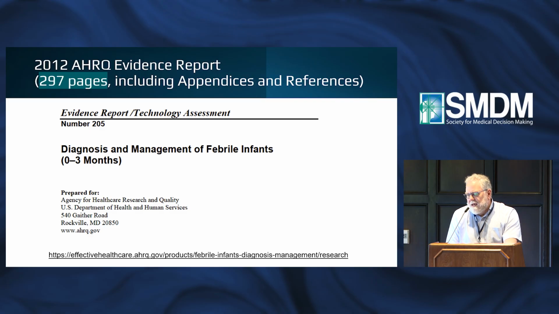And in this case, this was an evidence report, so shorter than some systematic reviews, 297 pages, including appendices and references, on the topic that I want to talk about, which is the diagnosis, mostly diagnosis and management of febrile infants. So you'll notice that this was 2012.